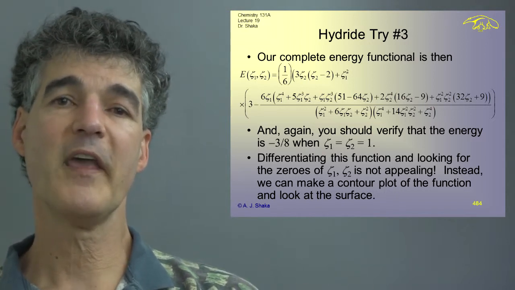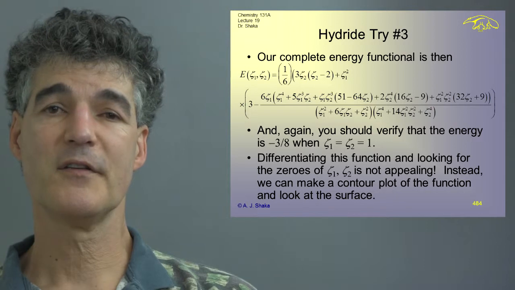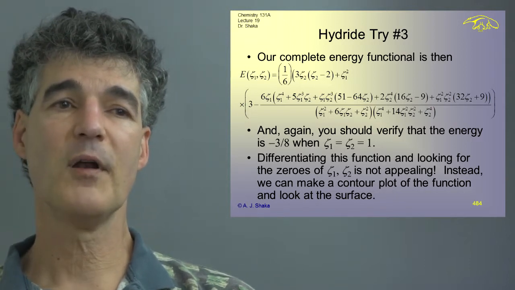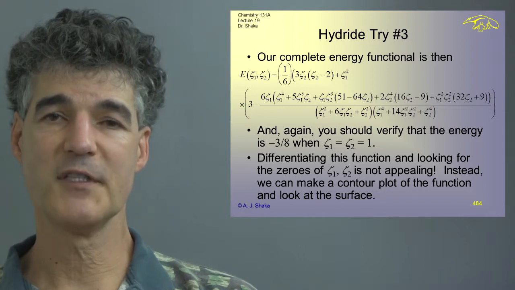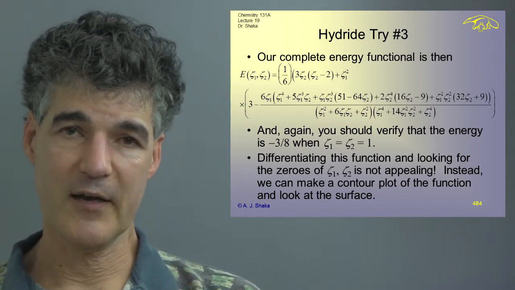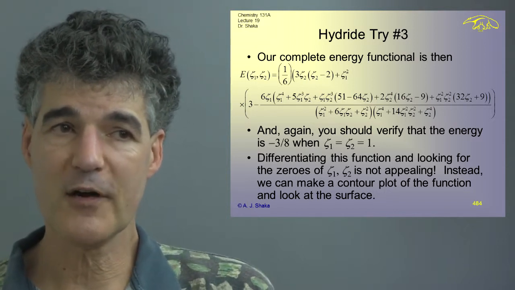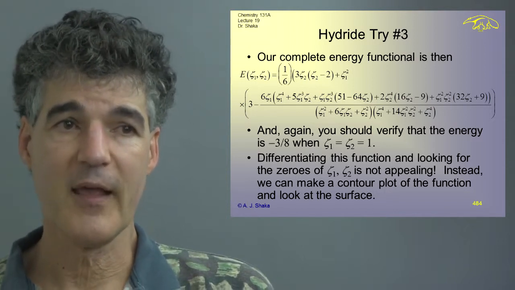And we know that they can't be too big, because if they're too big, then the orbitals are too small. And we certainly don't want to put in 0, because then we may have 0 in the denominator, and we end up with something that blows up or is very hard for the computer to deal with.